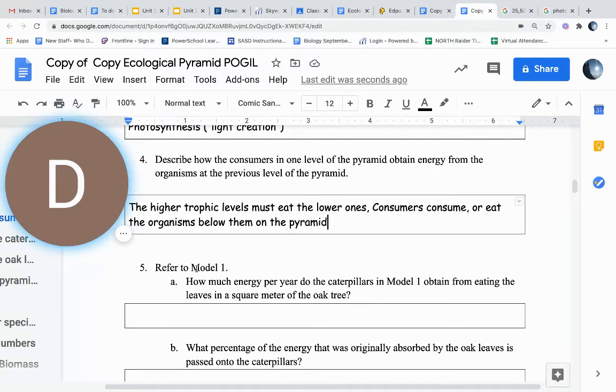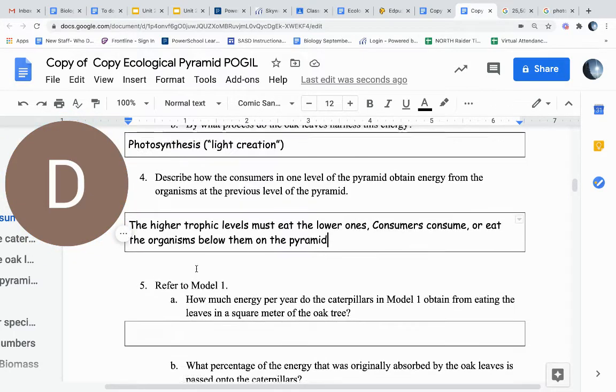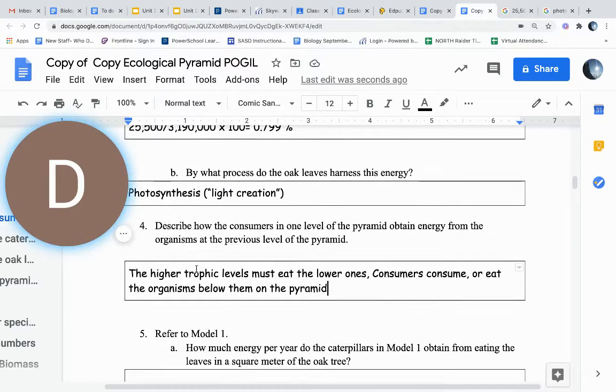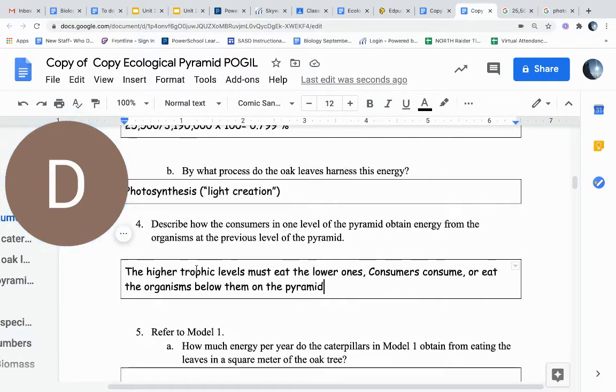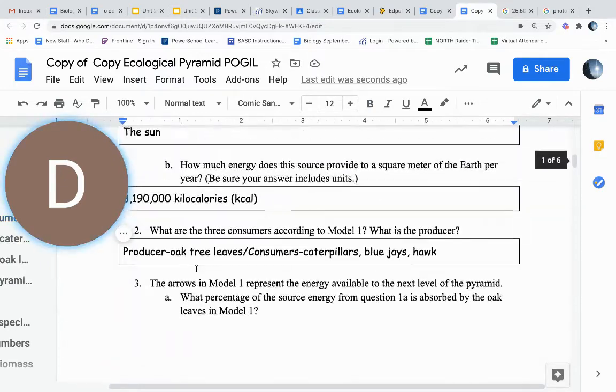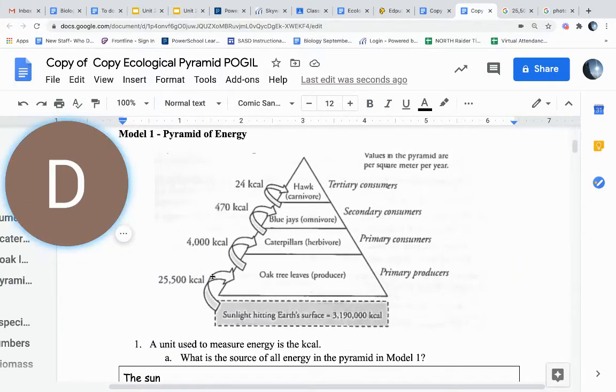How much energy per year do the caterpillars in Model 1 obtain from eating the leaves in a square meter of the oak tree? So how much energy do the caterpillars get from the leaves is the question here. All right, so we need to go ahead and think about that one. Now we're not looking at how much energy do the leaves have, which is this 25,000.